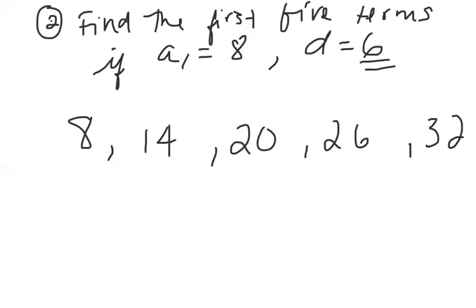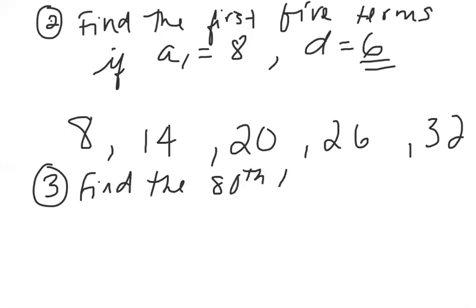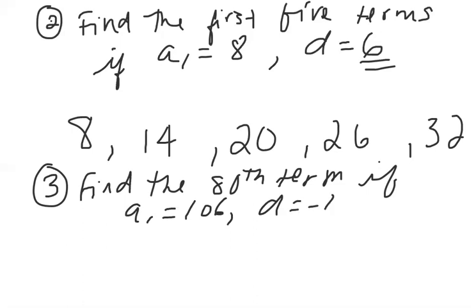Now, here's another one. What if they were to ask you to find the 80th term if A1 is equal to 106 and D is equal to -12? We have the formula, so we go straight into it.